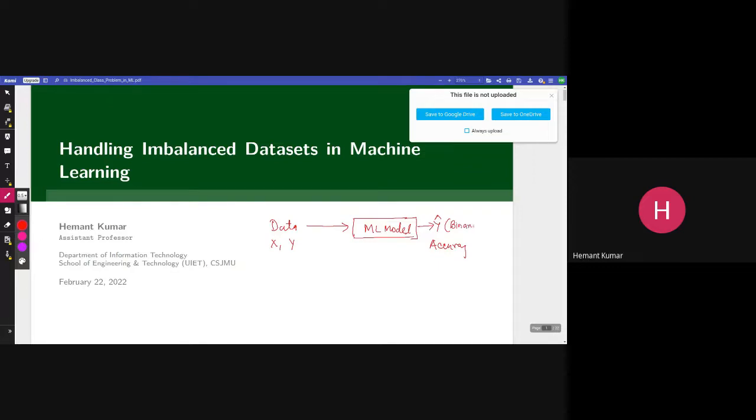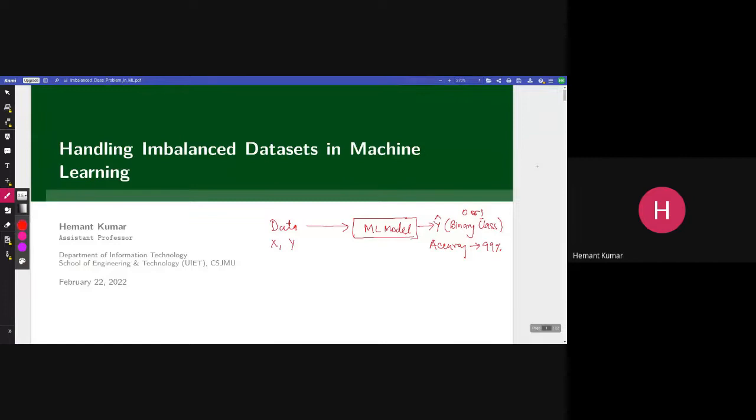Basically, I have taken a binary class problem, so it is either 0 or 1. In that case, we find the accuracy, assume that it is 99%. So it is basically a traditional machine learning problem. If we find the accuracy is 99%, then we can say that the model is good.